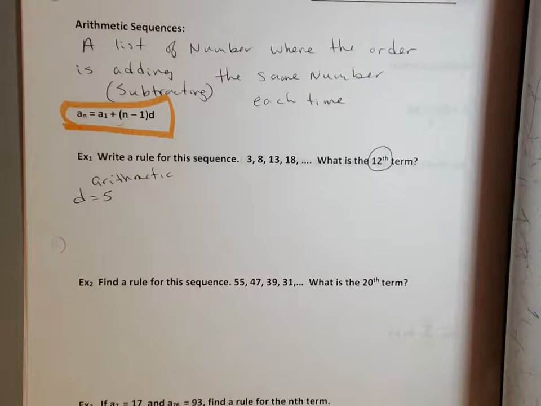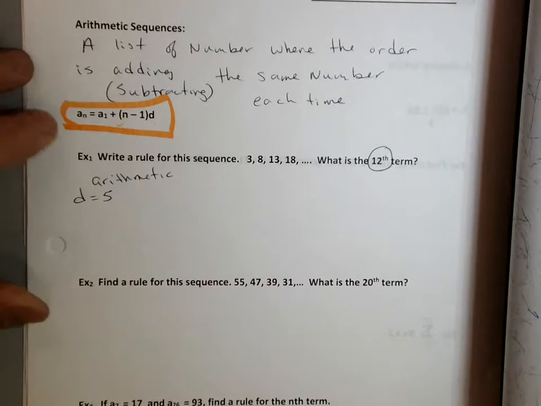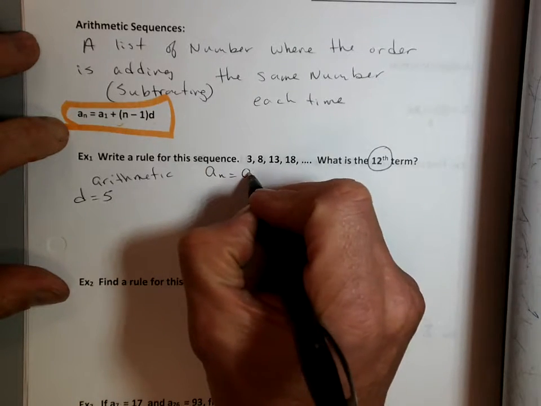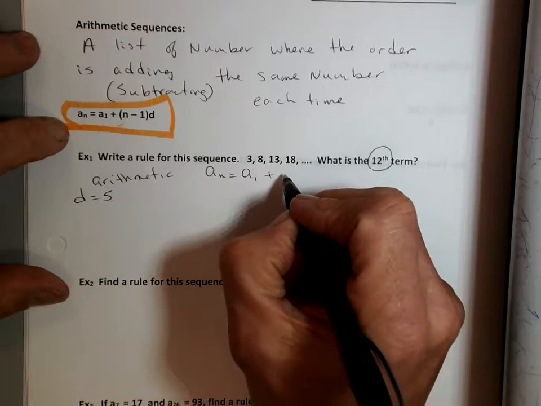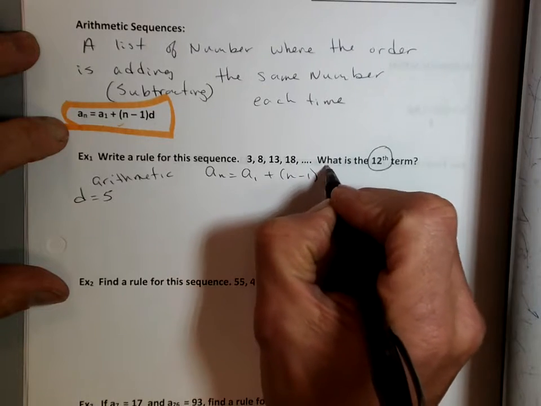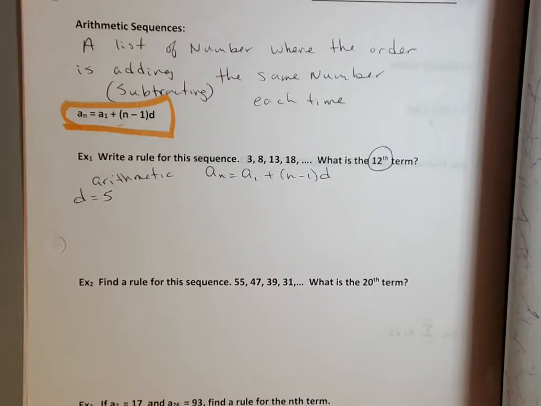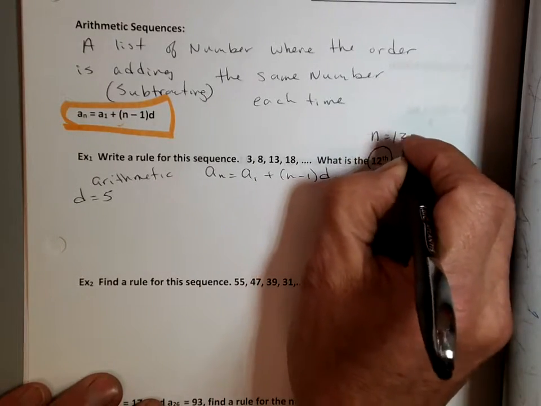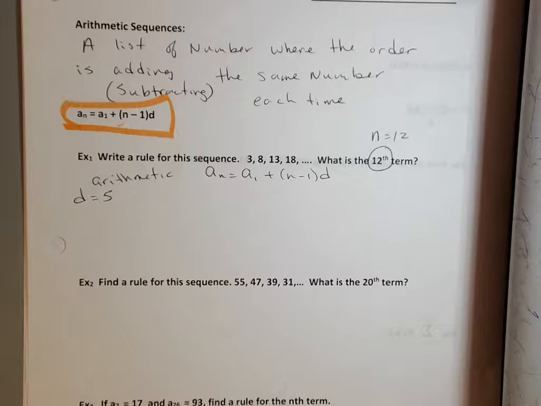If it is arithmetic, you have a formula. If I'm looking for the 12th term, then n has to be 12, because I'm going all the way up to 12 terms. So n is the number of terms, so it has to be 12.